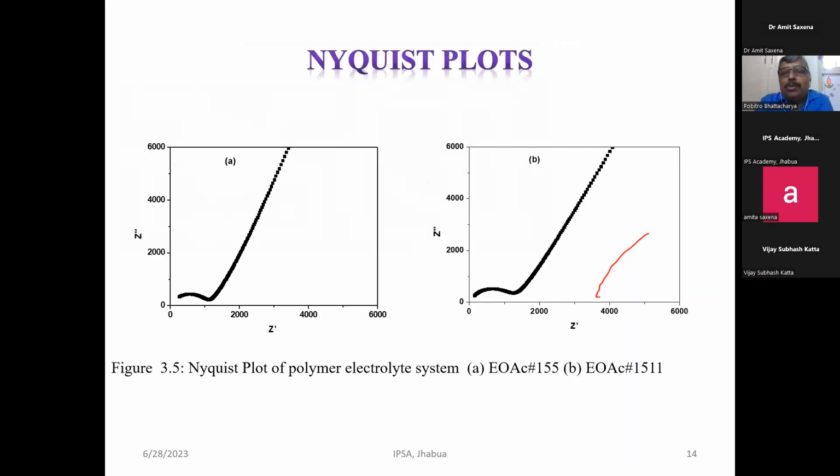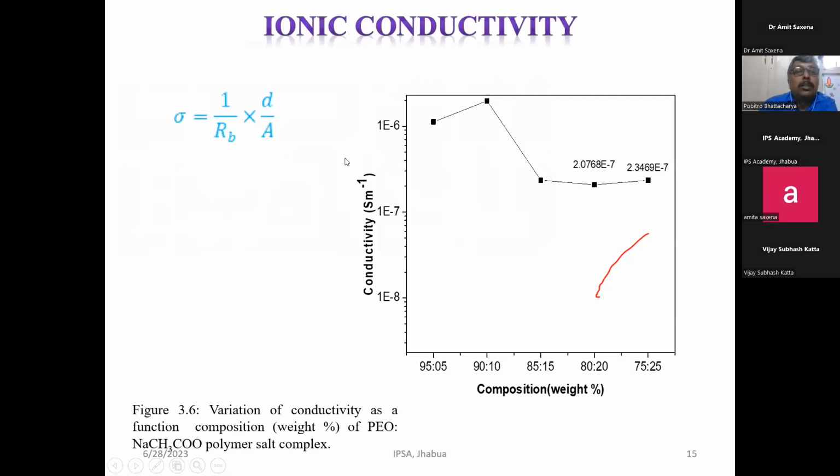To make it quantitative, one should go for the impedance measurement, and these are some of the Nyquist plots. You can estimate the bulk impedance from the first intercept of the curve, and then using the relation 1 upon R_B into L by A, you can calculate the conductivity.